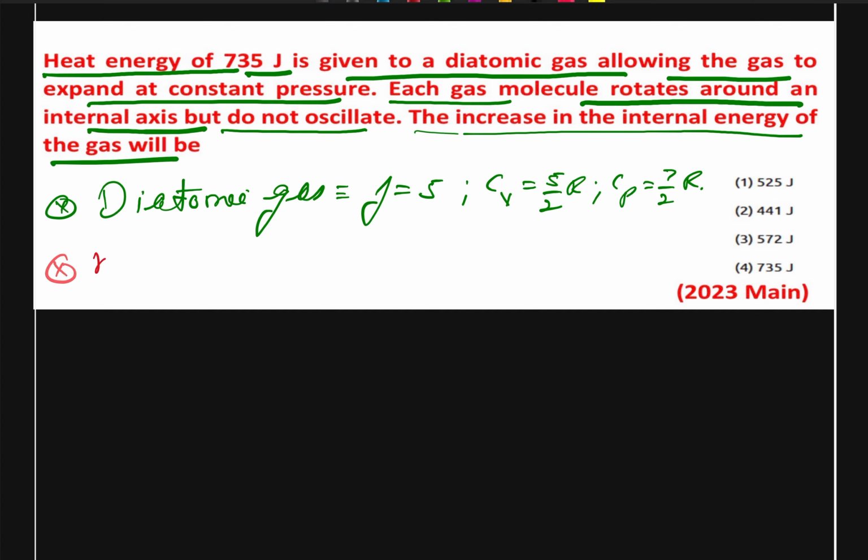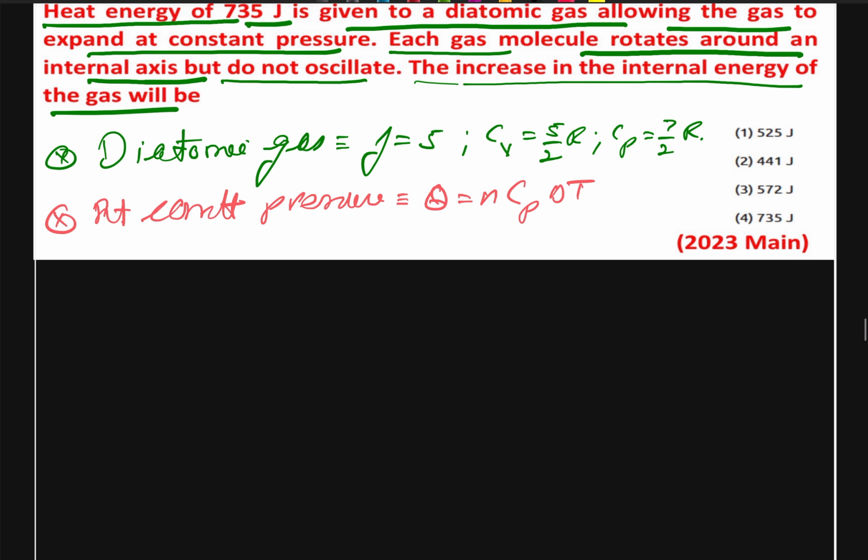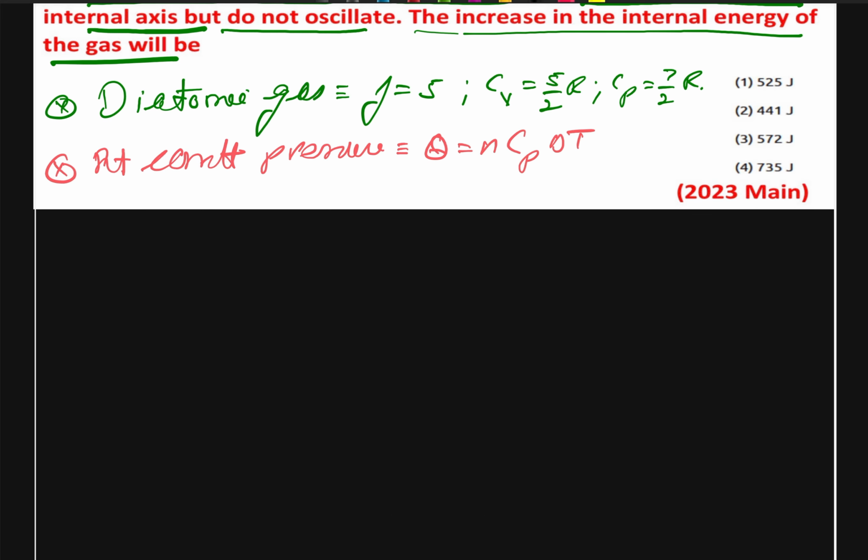Therefore, we can say at constant pressure, our heat Q is equal to n C_P multiplied by delta T. And our internal energy, that is delta U, will be equal to n C_V multiplied by delta T. So we take the ratio.